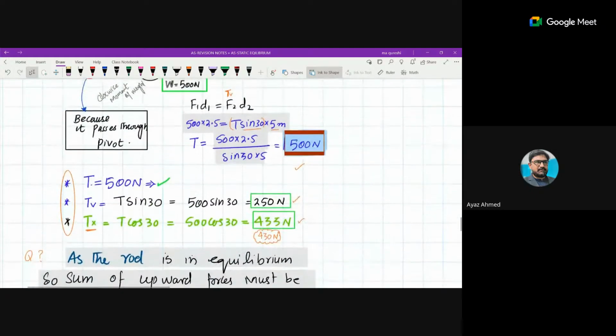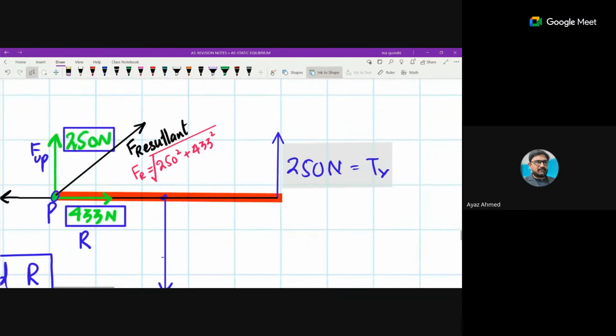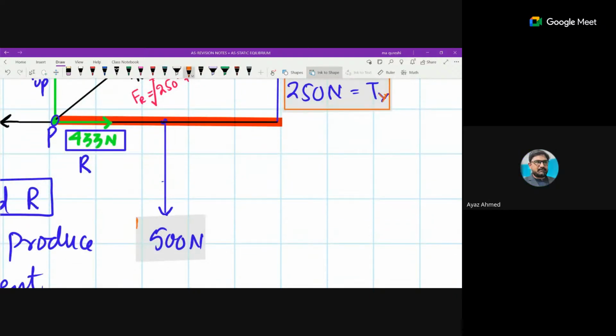Did you check that the force which was acting in the upward direction, the vertical component of the tension, was 250 Newton? Yes. And the force of weight, which was 500 Newton, was acting downward. So 250 is not equal to 500. So it means Newton's law of equilibrium is failed.